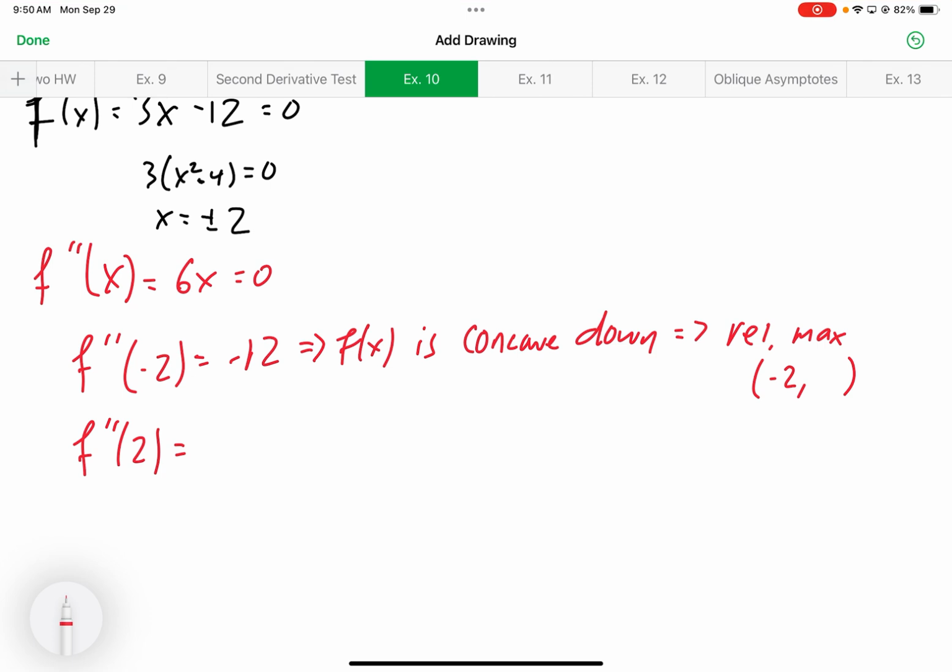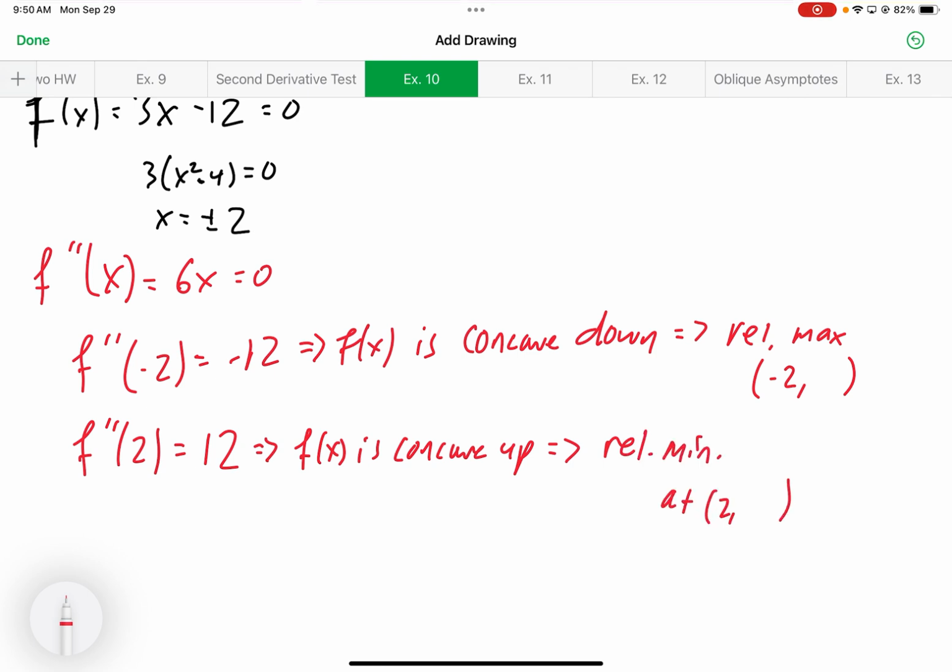All right, and then if I plug in positive 2 into my second derivative, I get positive 12, which implies, it's supposed to be an arrow, by the way, not a smiley face, that f of x is concave up, which implies I have a relative min at 2 something.